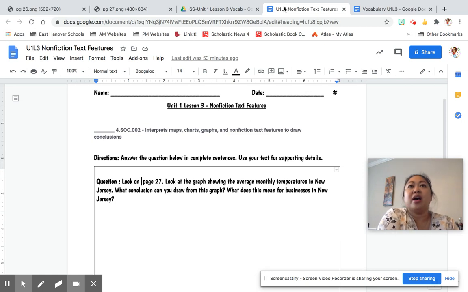People who go to a farmer's market. What about ski resorts? How does the climate in New Jersey affect businesses like a ski resort? We do have a ski resort, if you didn't know, in New Jersey, in Vernon Valley, and that's northwest. So think about the different businesses and how the climate could affect New Jersey. That's the answer that we're looking for, okay?